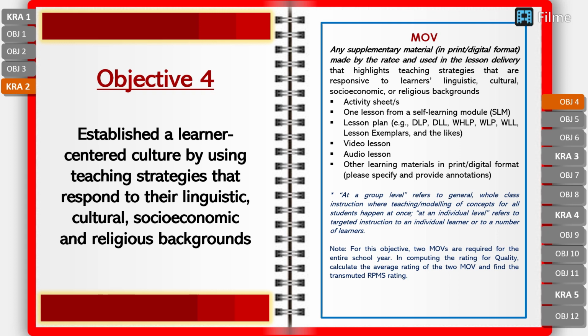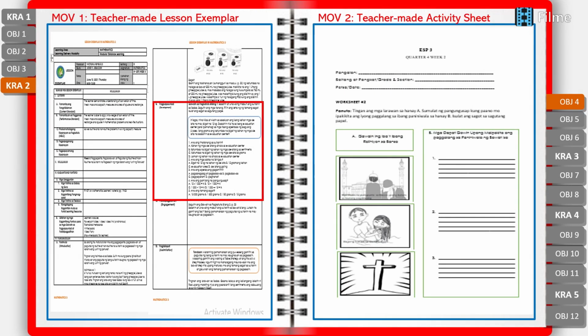Again, katulad sa mga naunang objectives, only 2 MOVs are required for the entire school year. At ang ginamit kong attachments dito ay isang activity sheet at isang lesson exemplar. Sa objective na ito, ang kinukuha lamang ay rating for quality.